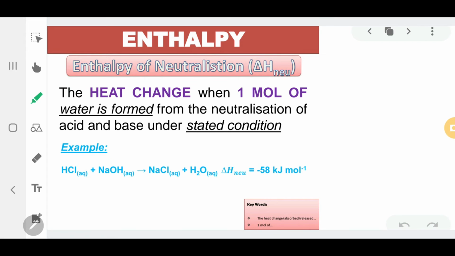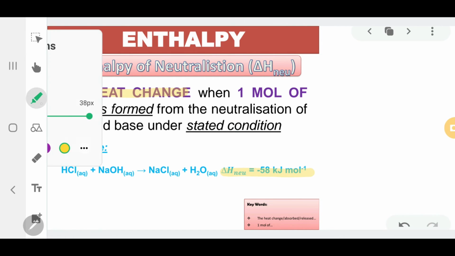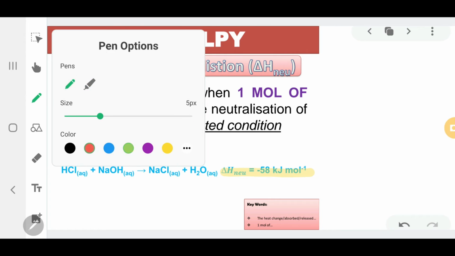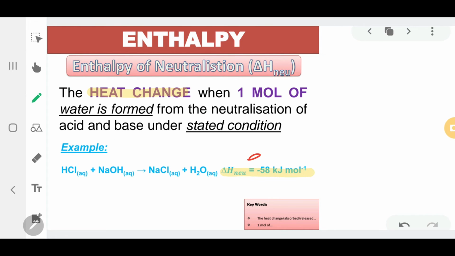The enthalpy of neutralization is also written as the heat change, okay? Because sometimes you have neutralization processes that absorb heat, and sometimes you have neutralization that releases heat. The example that we have over here is heat being released, so you have the example of exothermic.